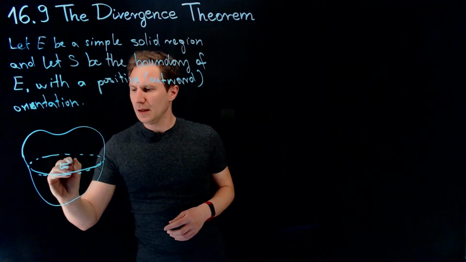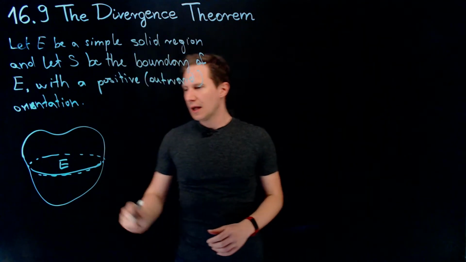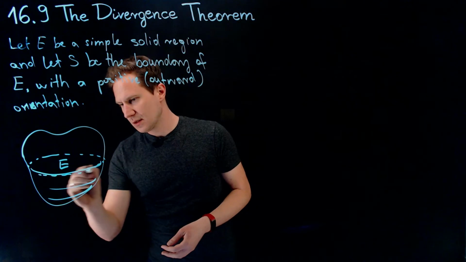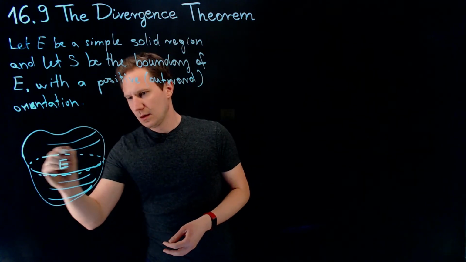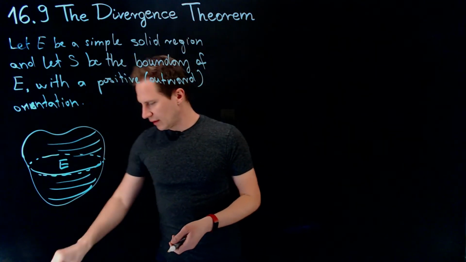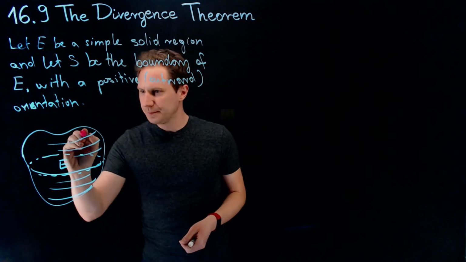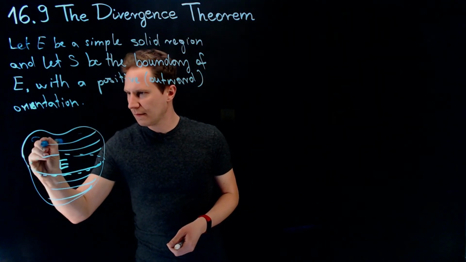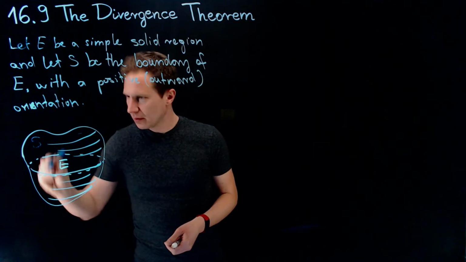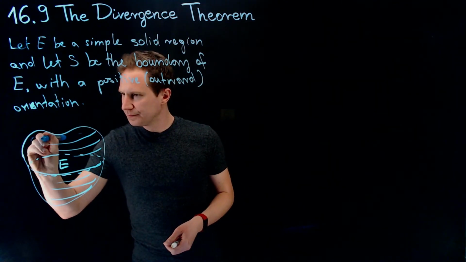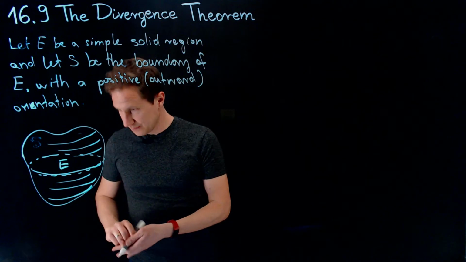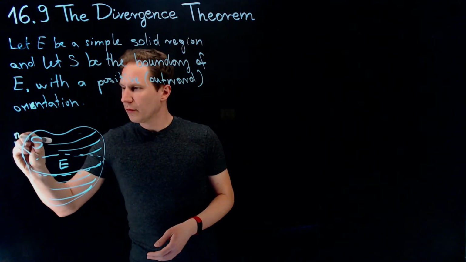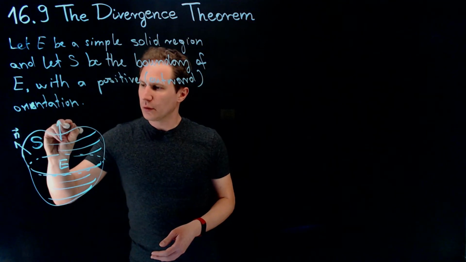So E is that solid region, and its boundary, the surface that is the boundary of that solid region, let's call that S. We'll have an outward orientation, meaning that the normal vectors point outward.